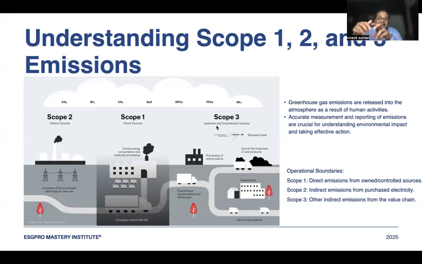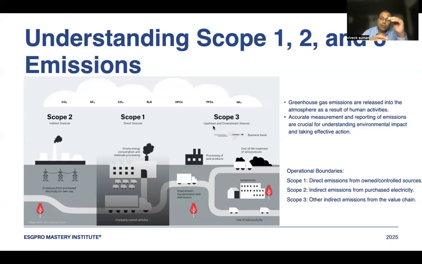The second one is scope 2, which is indirect emission from purchased electricity. And I have already given you those combinations, right? Purchase plus energy. Energy means electricity, steam, cooling, and heating. Clear? Can you relate with that?